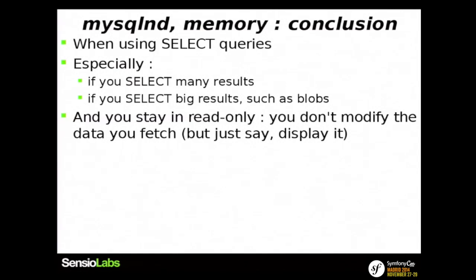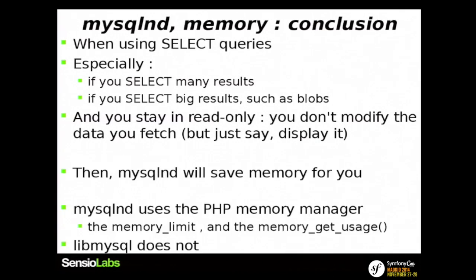If you modify the result set, it's going to start eating memory, but usually you don't. You just present the data to your user. Then mysqlnd will save lots of memory for you. This is very nice to have, especially in batch files or things like that, when you transfer lots of data through MySQL servers.